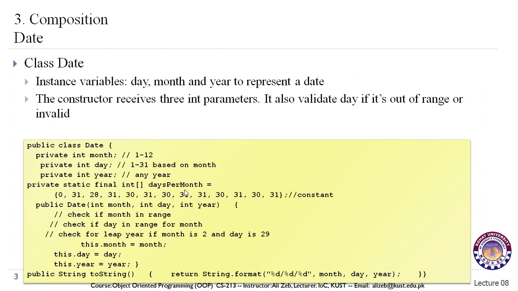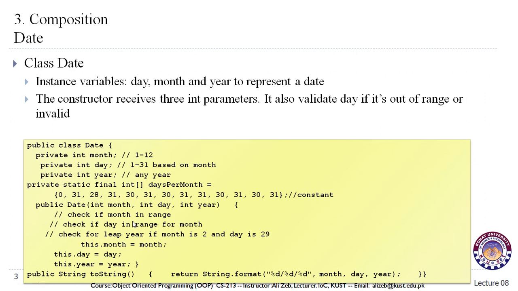So the days per month array shows us the maximum number of days in each month, and the month is shown by the index position of each element in the array. The constructor then will initialize each of these instance variables to the arguments that it has received, after it has double checked that the value is valid.